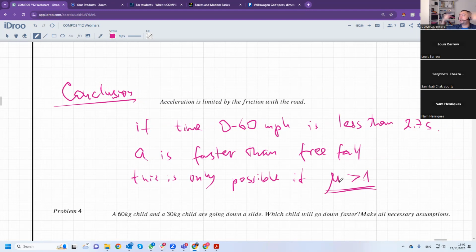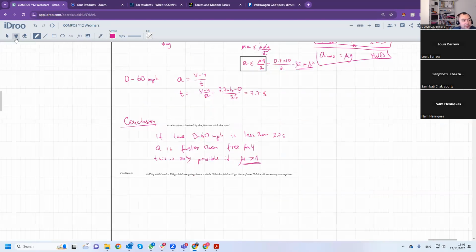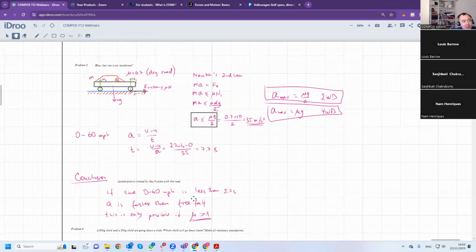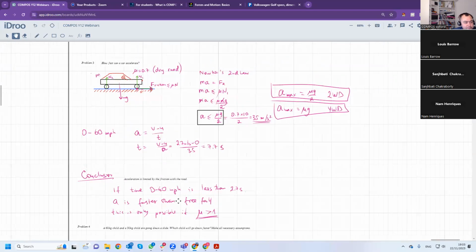Typically, you'll have wheel spin. The wheels will spin, but the car wouldn't accelerate as fast. I hope that makes sense. I've spoken about this a lot in the previous webinar, so please watch last year's webinars on Newton's laws if you're still confused.